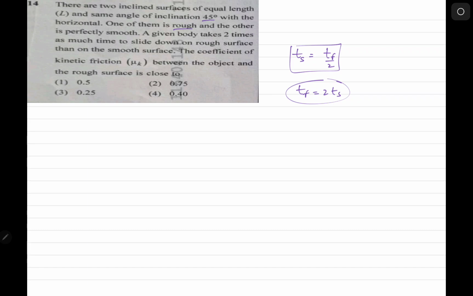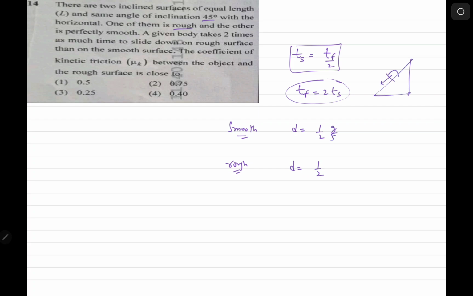So let's just use the equation here. Same incline, same distance. So for the smooth surface, let's say the length of the incline is D, so D is equal to half g sine 45 ts square, the acceleration along the incline.